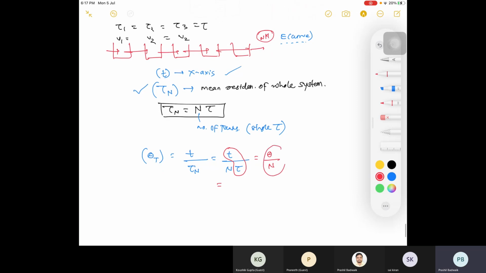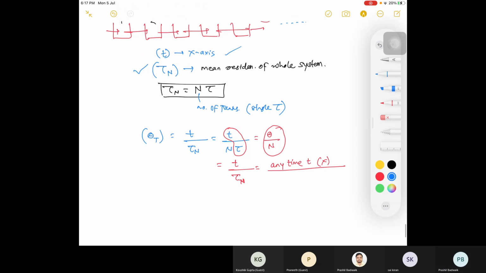Okay, this is your final equation. Or you can represent it as t divided by tau n, any time t on your x-axis divided by the mean residence time of the system.